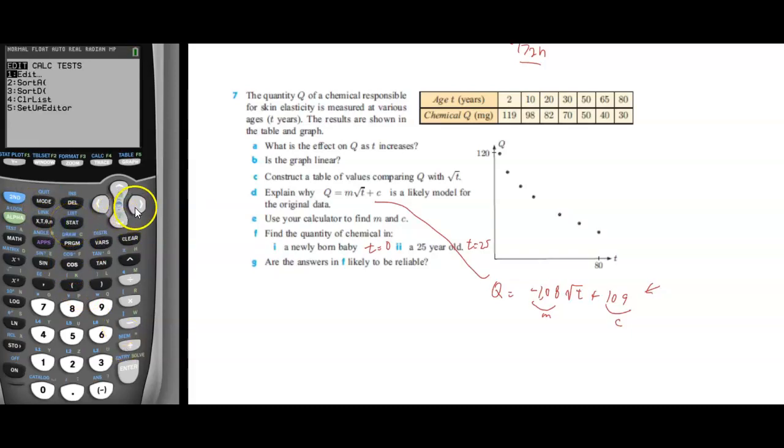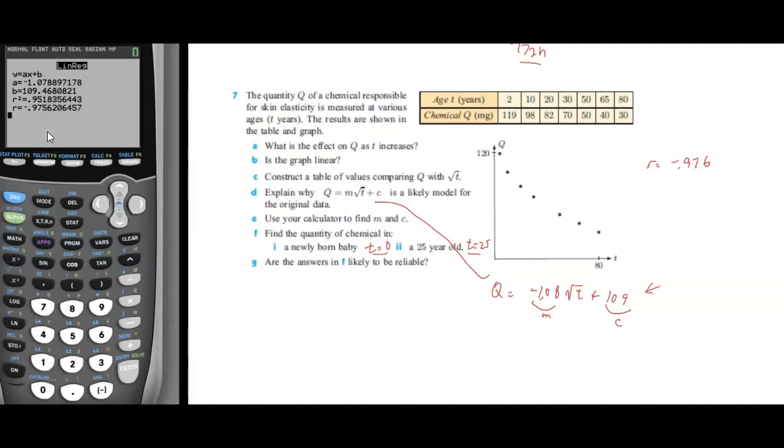It was very good, right? It was negative 0.976. Okay, so very strong, right? So let's use our equation here to find out the Q for a newborn baby and t equals 25.